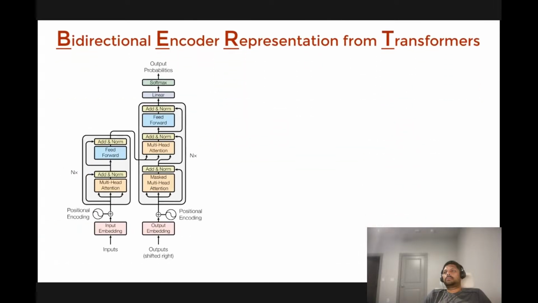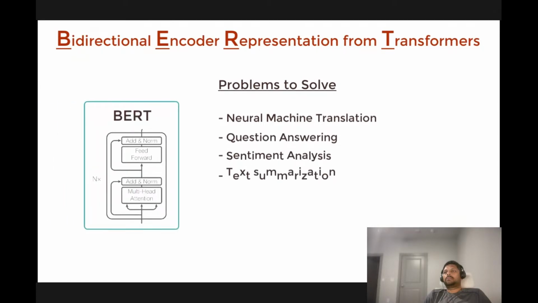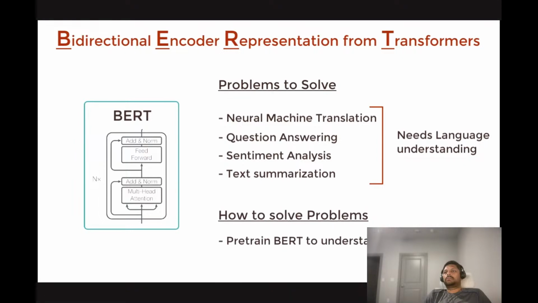The OG transformer has language translation on lock, but we can use BERT to learn language translation, question answering, sentiment analysis, text summarization, and many more tasks. Turns out all of these problems require the understanding of language. So we can train BERT to understand language and then fine tune BERT depending on the problem we want to solve. As such, the training of BERT is done in two phases.